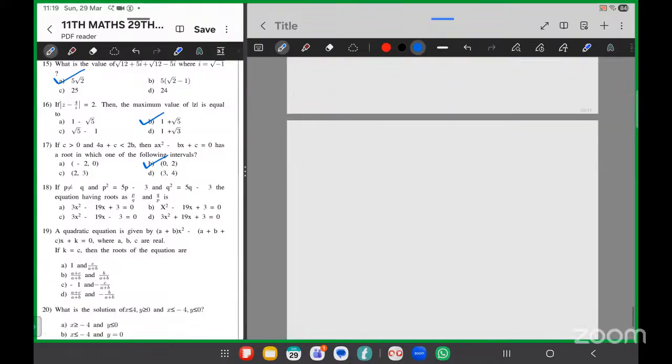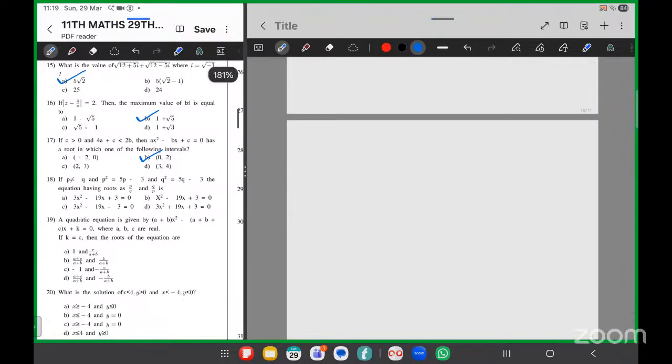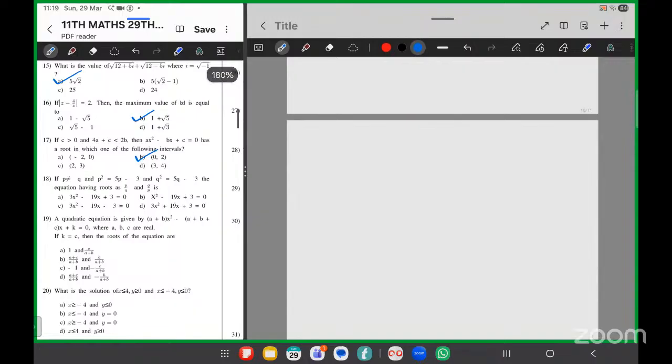Question number 18. P not equal to Q, P square is equal to 5P minus 3, Q square is equal to 5Q minus 3. The equation having roots P by Q and Q by P is. That means x square minus (P by Q plus Q by P) into x plus P by Q into Q by P equal to 0.